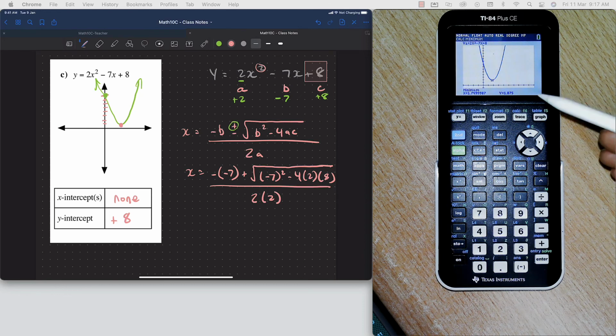And it says I'm down at a value of x of 1.75 if I rounded that to the hundredths, and y of 1.88. So this value that's down there would be 1.75 comma 1.88.